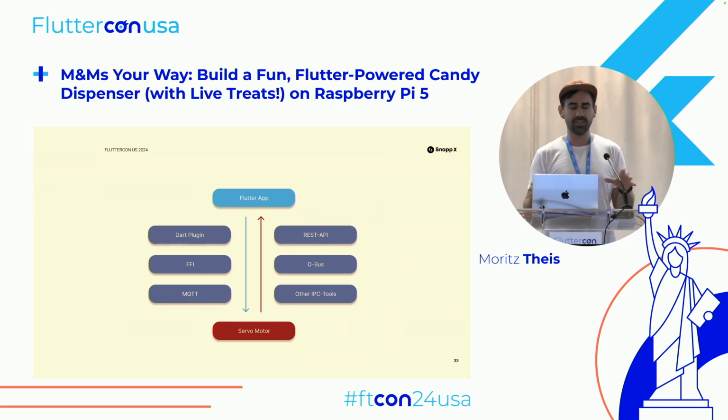There's a Raspberry Pi GPIO package on pub.dev, but then we could implement the commands, the zeros and ones we need to send to this board to initialize it and to turn the servos. We could implement all that ourselves. Yeah, option number one.